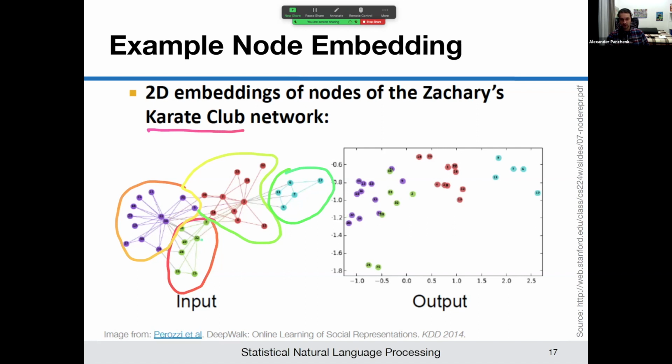What you really ultimately want to get with some of these node embedding approaches is a vector space. In this case, it's just a two-dimensional visualization, but in reality, it will have dimensionality similar to that of Word2Vec.